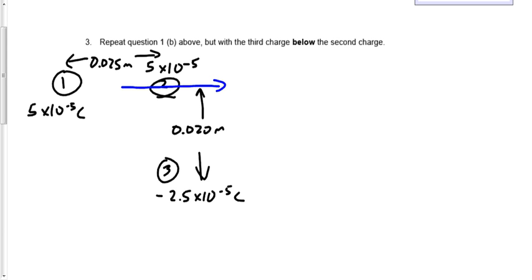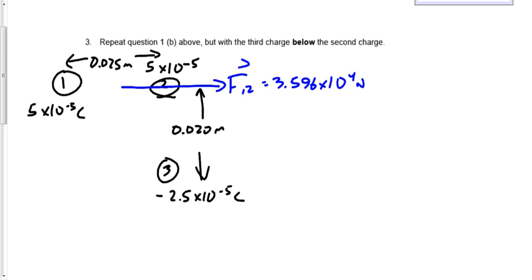That means the force of 1 on 2 is this way. 2 on 1 is the other way, but it doesn't really matter to us because we're trying to find the force on 2. We actually know the value of F12 already from question 1b, right? Its value is 3.596 times 10 to the 4 newtons. If you didn't already have that, you could find it using kQ1Q2 over r squared.